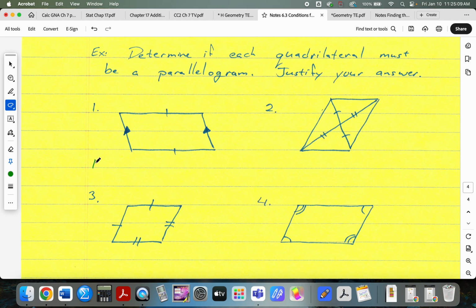No. It needs to be the same pair of sides parallel and congruent. Or the same two sides parallel and congruent.